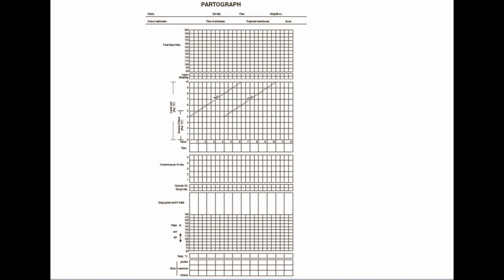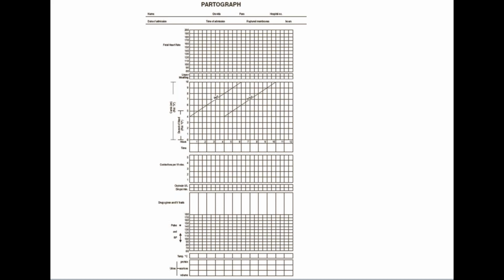If it is mild, we will put +1. If it is moderate, we'll put +2. If it is severe molding, we'll put +3. The same if we have caput, we can put it, but I'm not sure if there is an area to document caput here. Usually in some partograms there will be a square for caput.